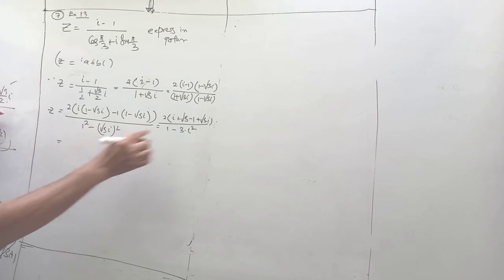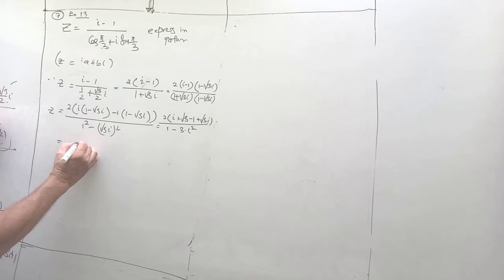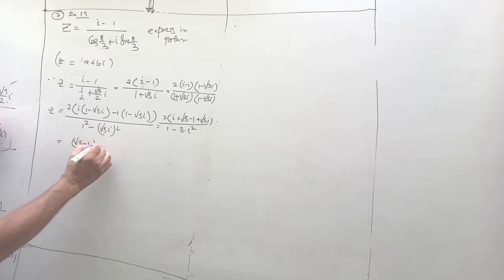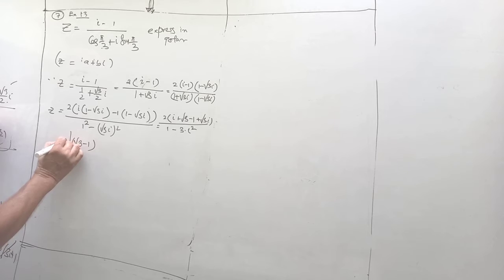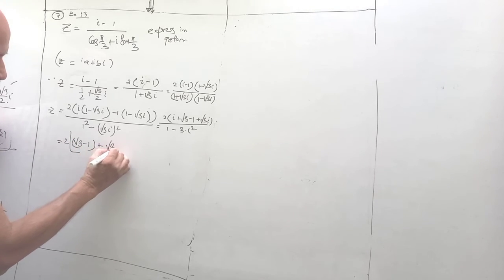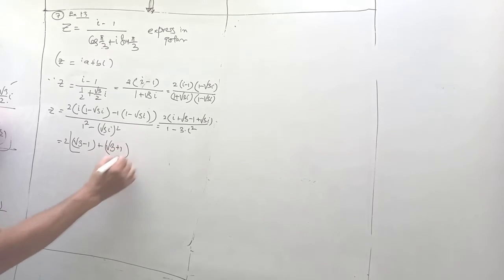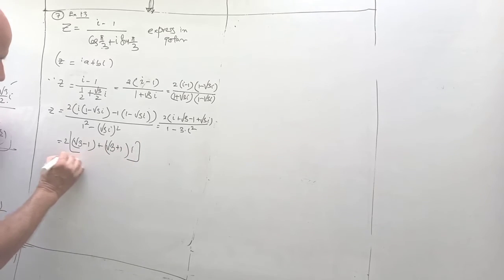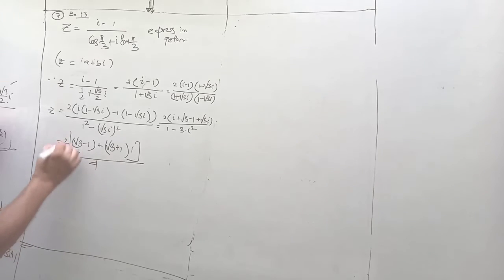So we can write here root 3 minus 1 and root 3 plus 1 i divided by 4, and cancel.